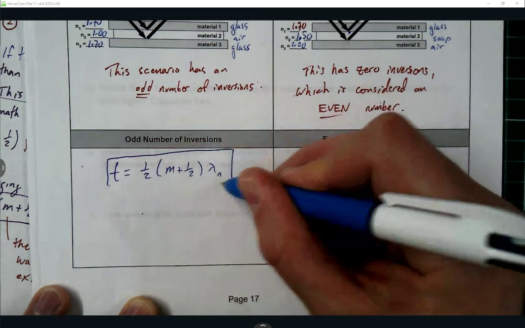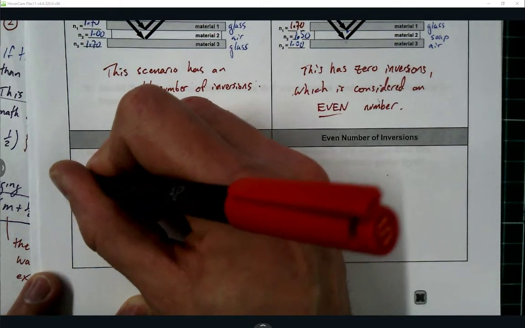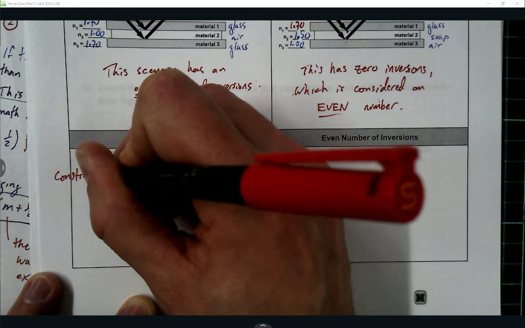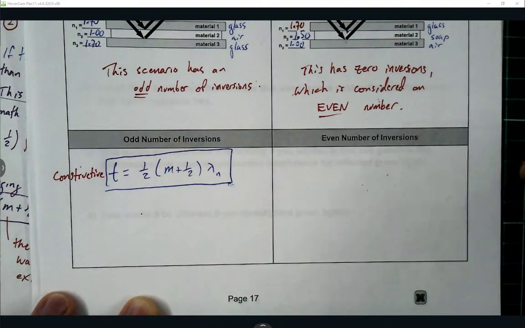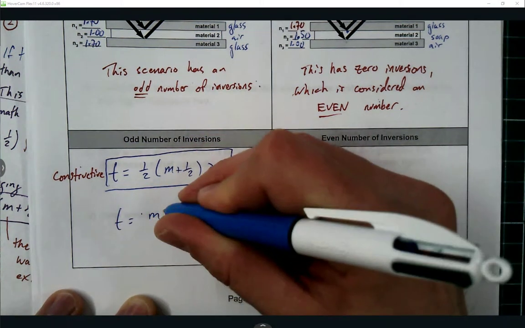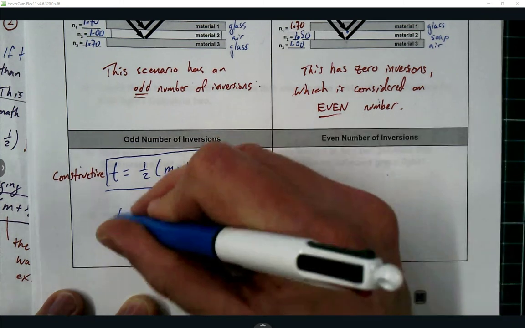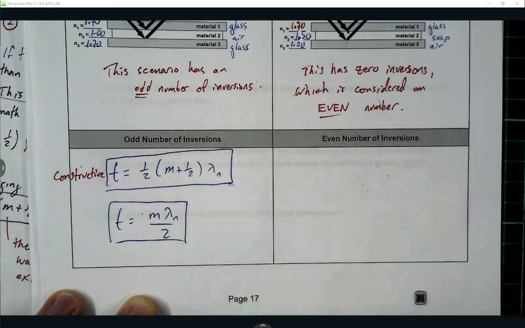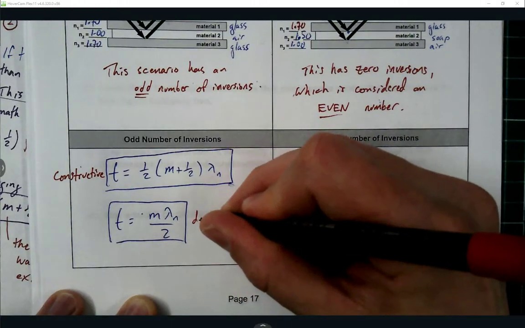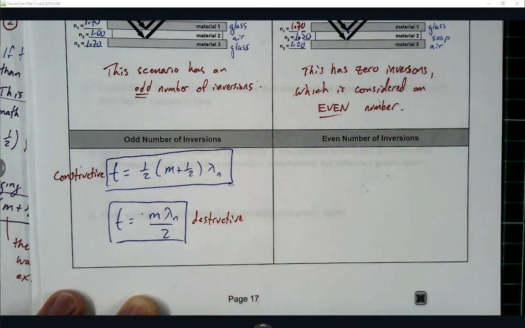That equation represents constructive interference in the specific case where there's an odd number of inversions. And we'll let t equal m times lambda sub n over 2 be the equation for destructive interference, in the specific case where there's an odd number of inversions.